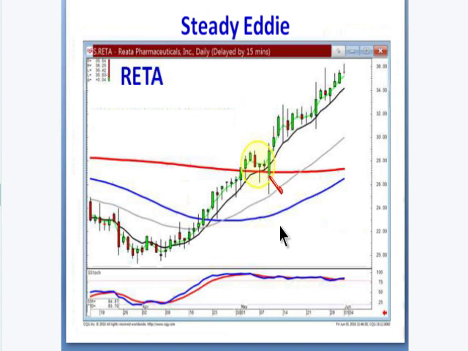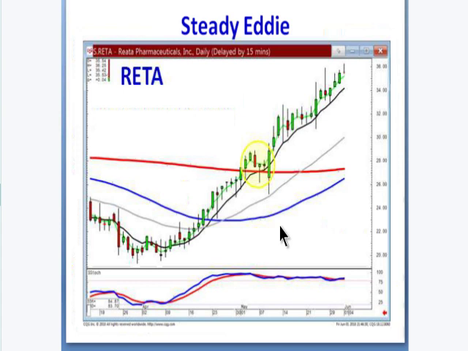So if I sold out here and bought back here, all right, maybe I missed out on 80 cents. But I wasn't buying this position for 80 cents. I was buying this position for hopefully another $4 move to the upside. So that 80 cents was just insurance that I wasn't holding on to something that was ready to move all the way back down here.